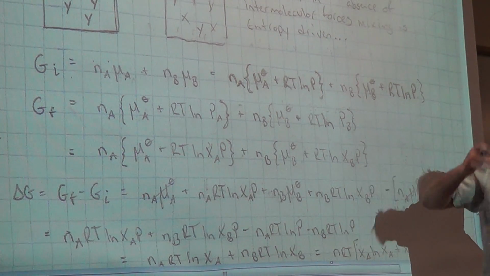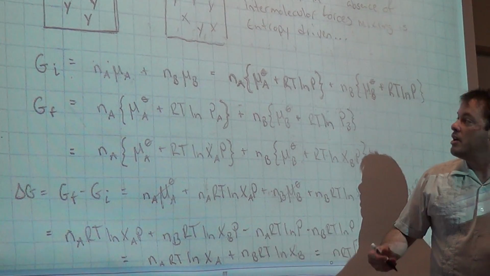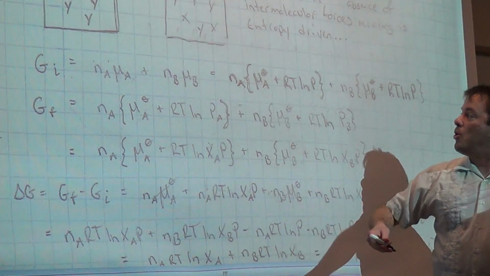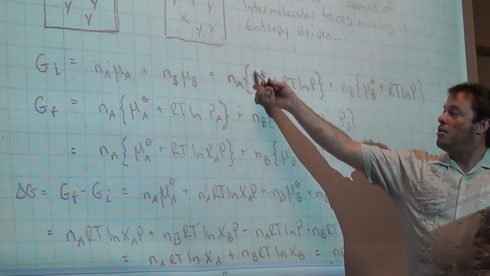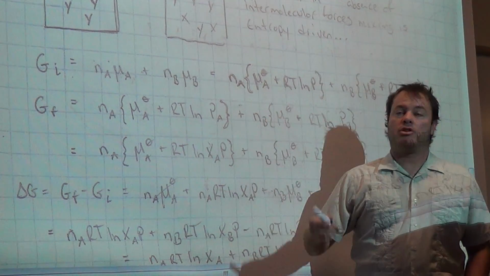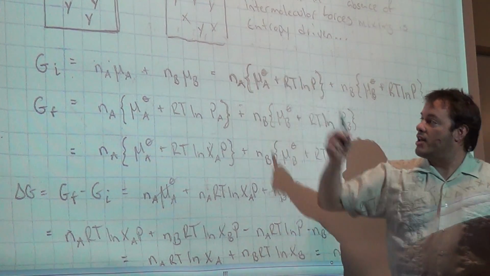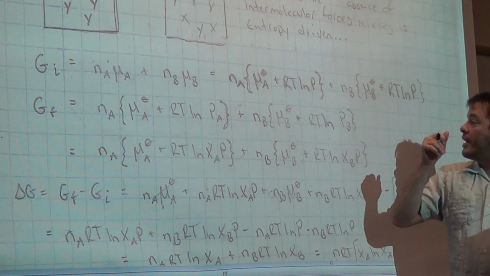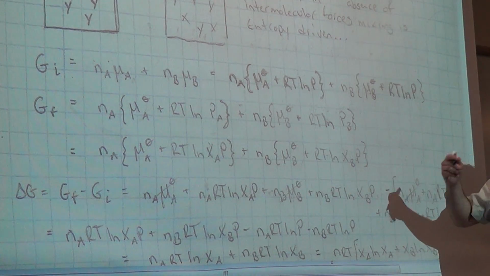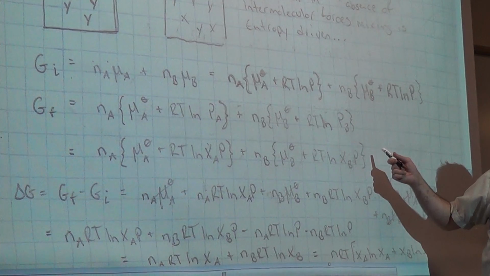And so your initial Gibbs free energy of each of these species before they mix is equal to the number of moles times mu standard plus RT ln P, where P is whatever initial pressure these guys started at. As they go from that state to this state, their pressures drop, and they end up being the mole fraction times whatever that initial P was.